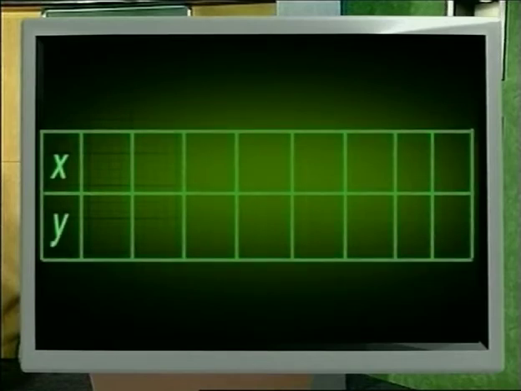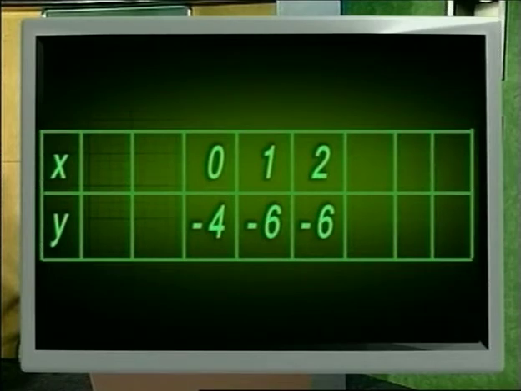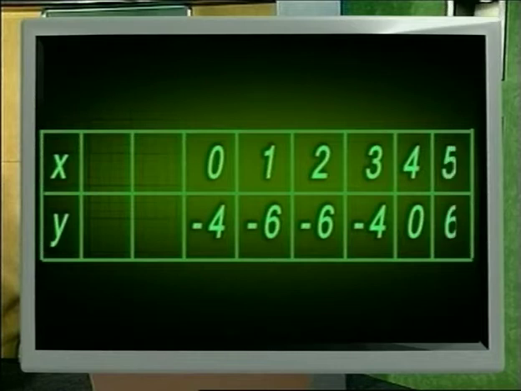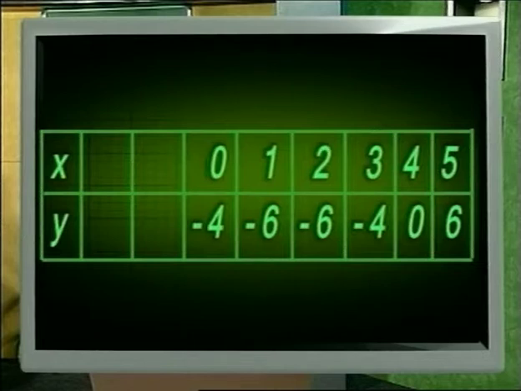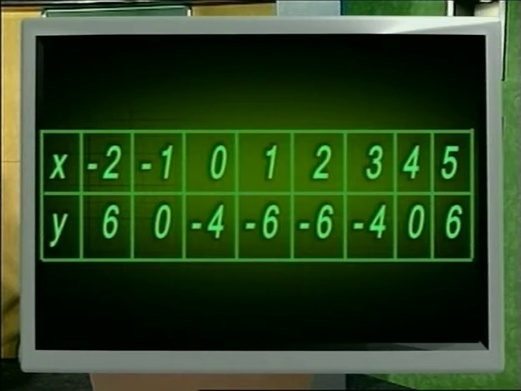So we need to format all these points in the form of a table, which gives you x, y, 0, minus 4, 1, minus 6, 2, minus 6, 3, minus 4, 4, 0, 5, 6, minus 1, 0, minus 2, 6. So children, let us plot all these numbers on the graph paper and see the shape it gives us.